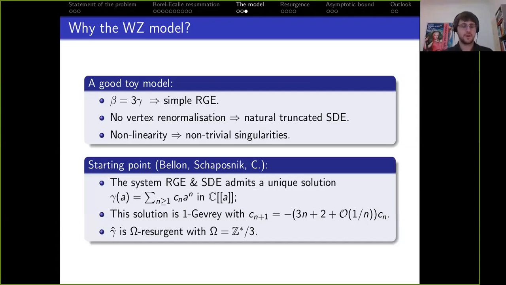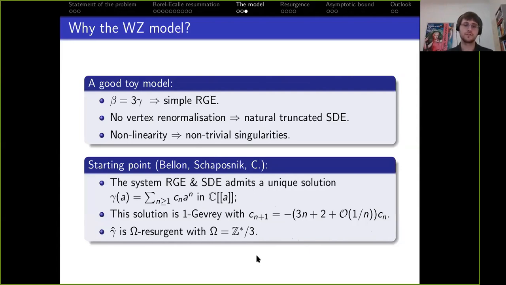It was studied in particular by Marc Belon, Fidel Chapusnik, and myself with Marc. So the results that are known about these models are, first, that this system of equations admits a unique solution in terms of formal series, and that this solution is 1-Gevrey with asymptotic induction relations on the coefficients.